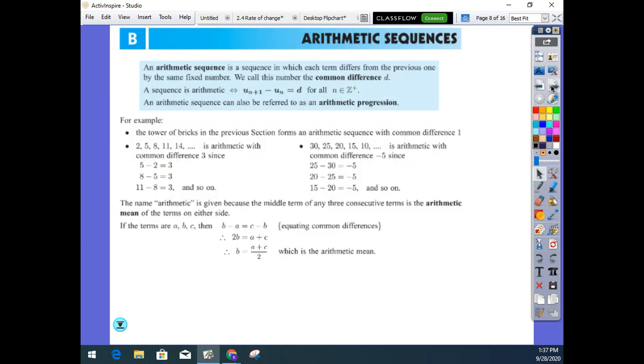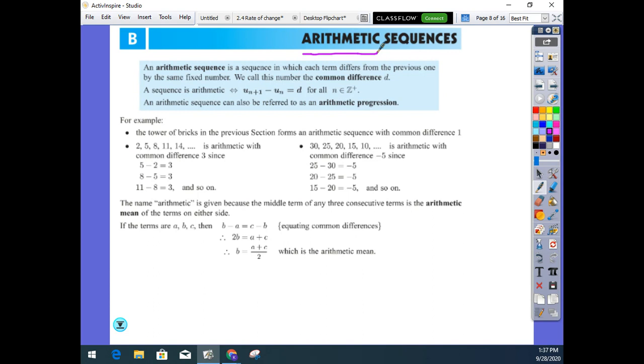Okay, so letter B is all about a specific type of sequence, and that's an arithmetic sequence. Now, when you see this word, typically you think of arithmetic. Arithmetic is a noun. Arithmetic is an adjective describing the type of sequence.